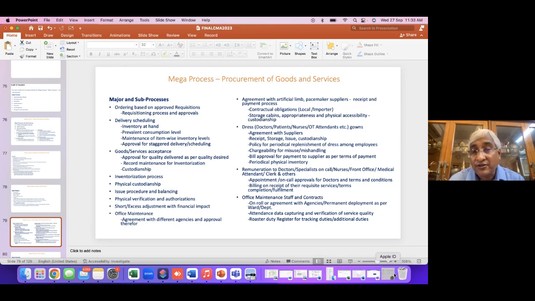Office maintenance, staff and contracts, on-roll or agreement with agencies, permanent deployment as per ward and department, attendance data capturing and verification of service quality, roster duty maintenance, because there are certain doctors who are good doctors and accordingly they cannot attend 24/7.